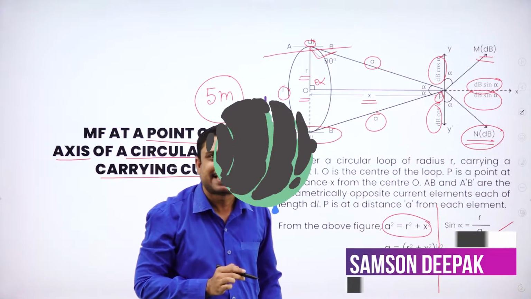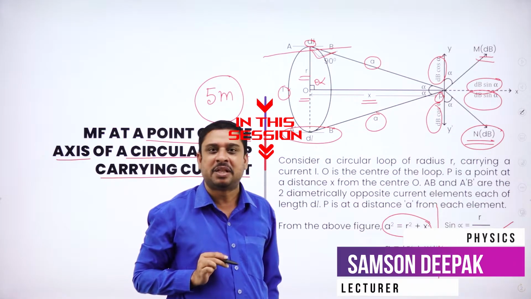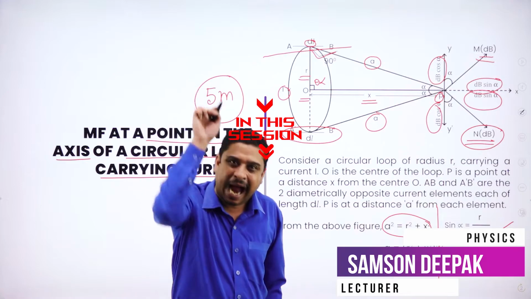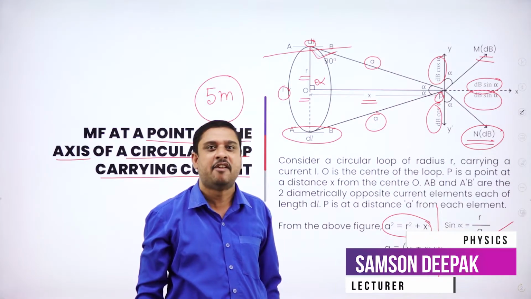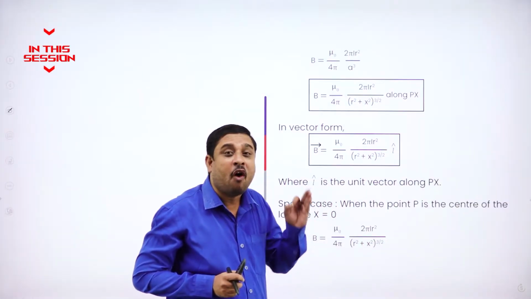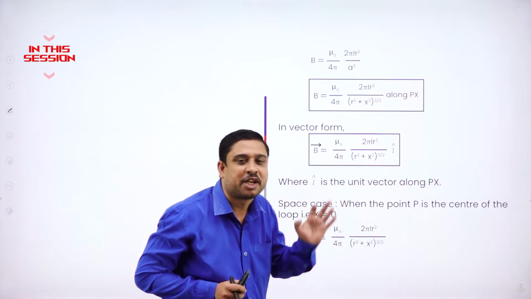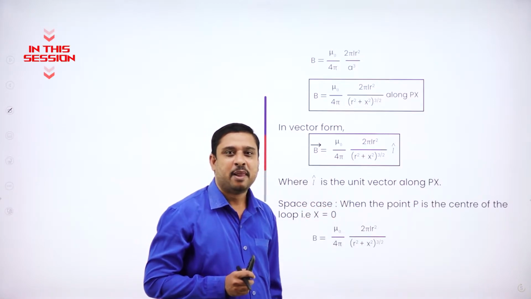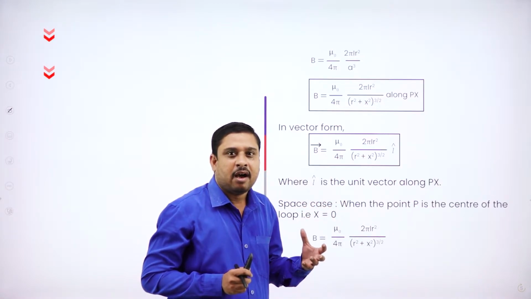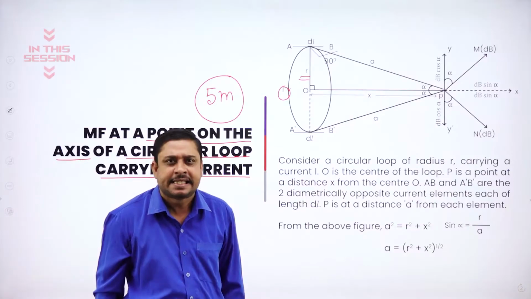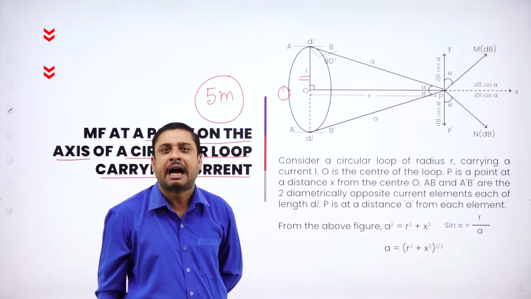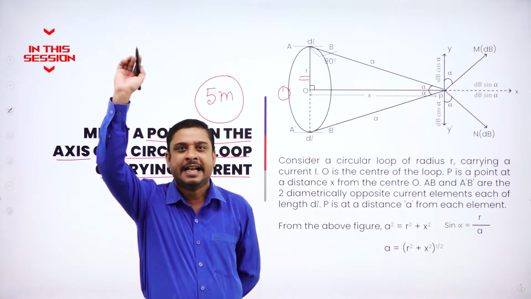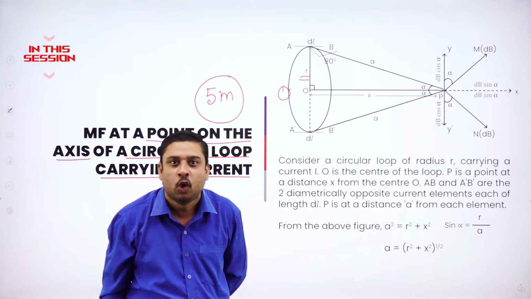Now it is not at some distance from the center. It is at the center itself. Field on the axis of a circular coil. When I consider a point, what is the shape of the conductor given? Sir, it is a circular loop.